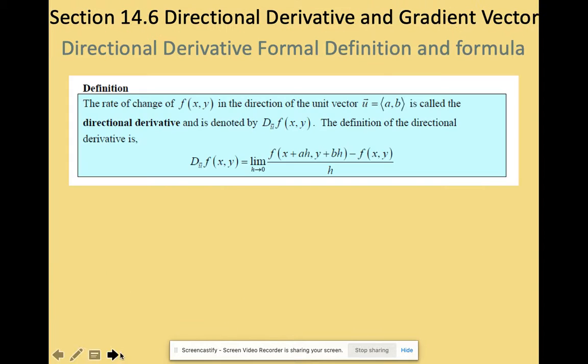So that's where this notation comes from here, minus the original x and y, all over h, as h goes to 0.